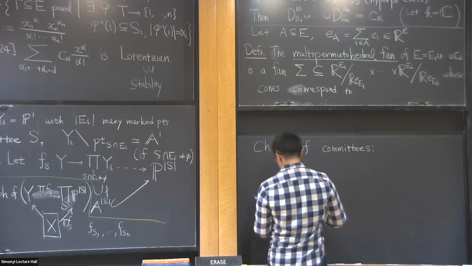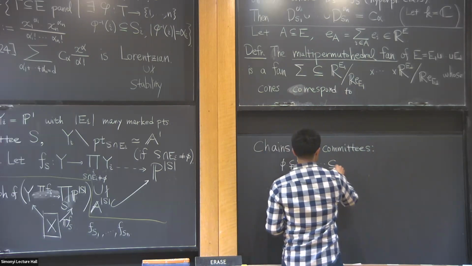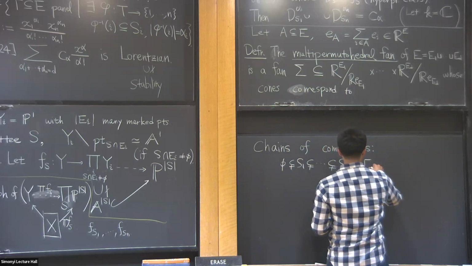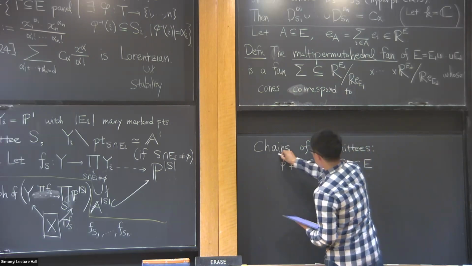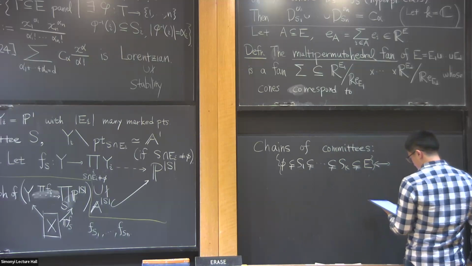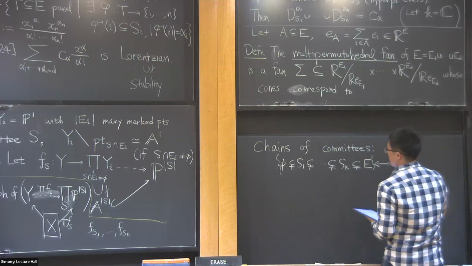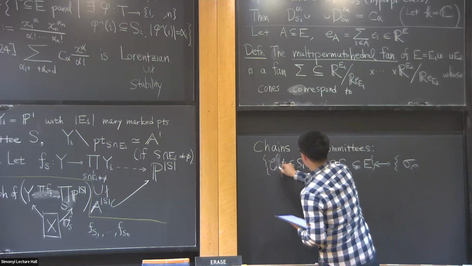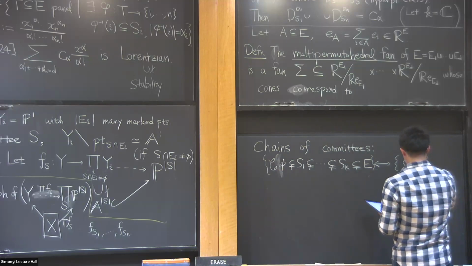If I have a chain, let's say S1 through SK, a bunch of committees, this chain, let's call it C, corresponds to a cone, which I'll call sigma of C. And what is this?